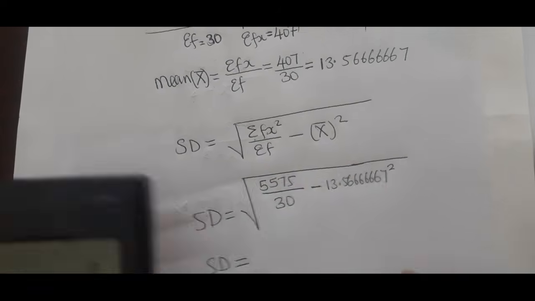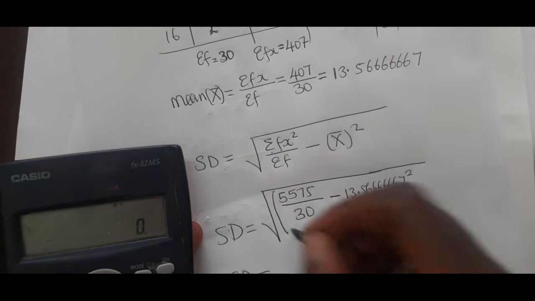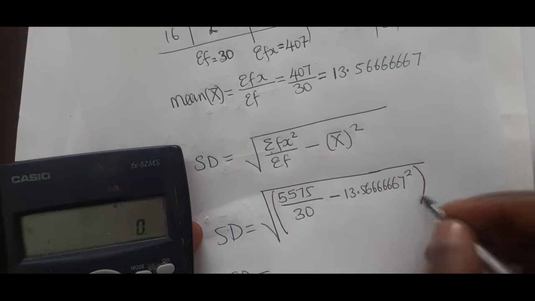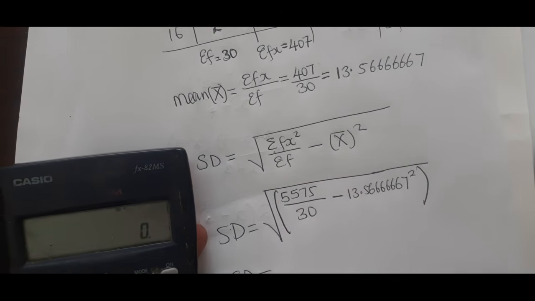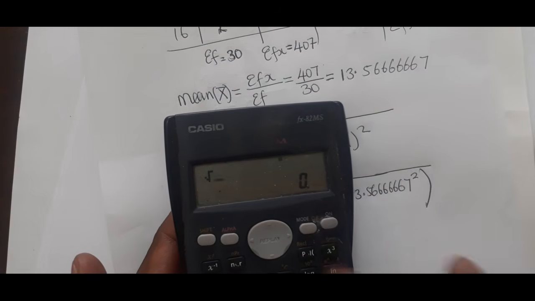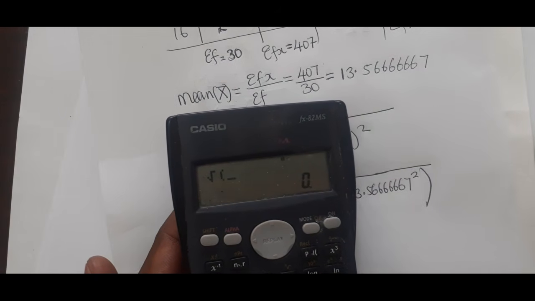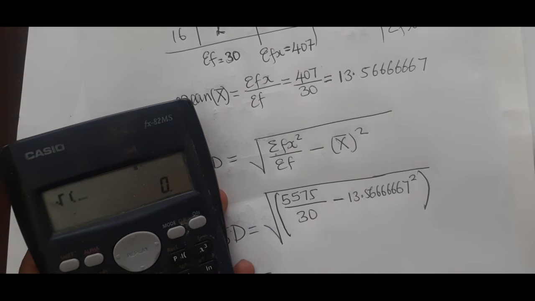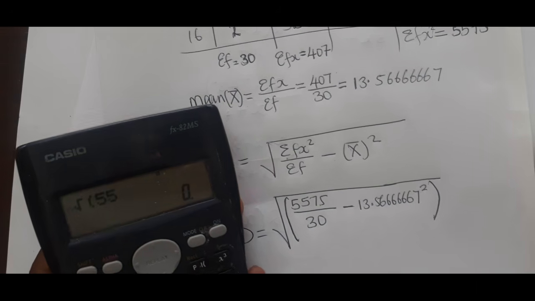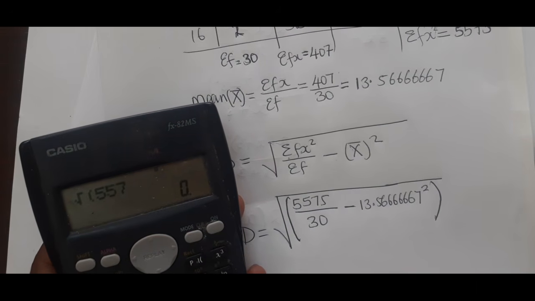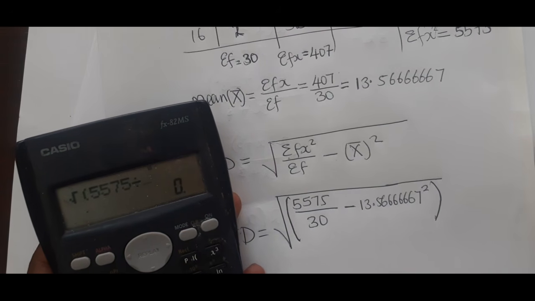Okay. So we can do it now on our calculator and put the brackets like this. So the first thing that you're supposed to do, you do the square root, then open brackets. What do you write now? 5, 5, 7, 5 divided by 30.